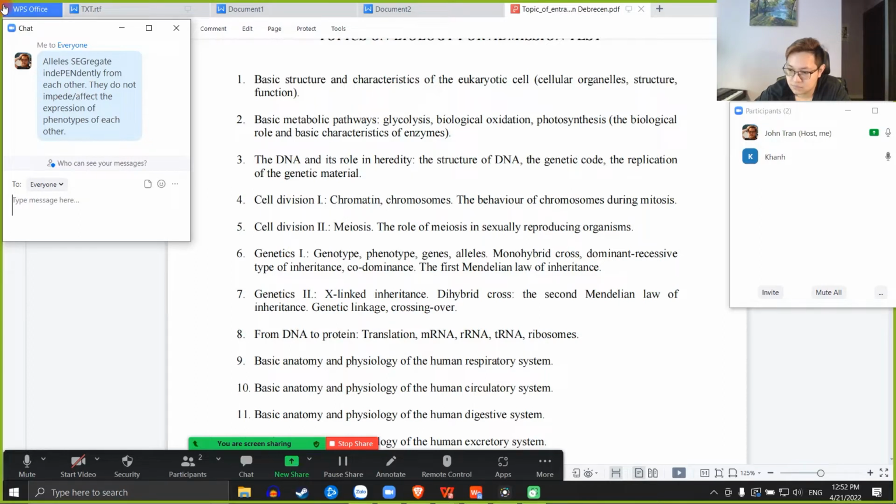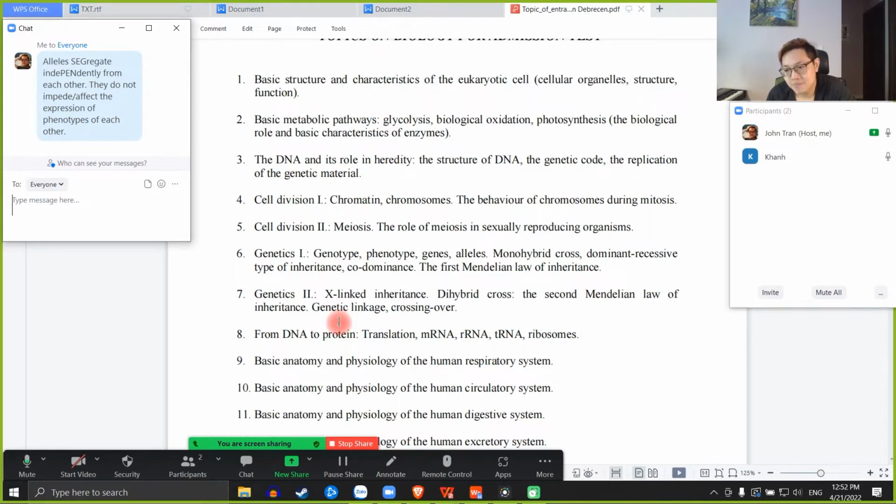I thought it was the association between genes on the same chromosome. On the same locus, on the same chromosome. Locus, yeah. On the same locus. On the same chromosome.